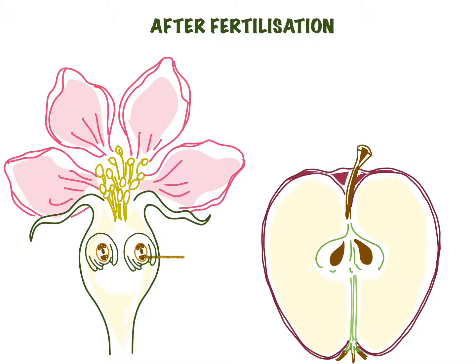After fertilization, ovule will develop to become the seed. Ovary will develop to become the fruit flesh.